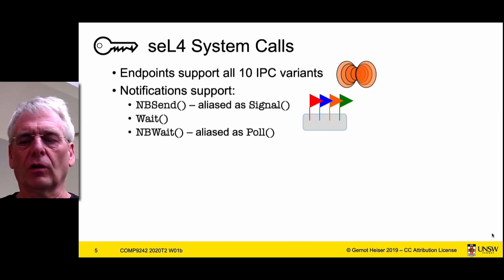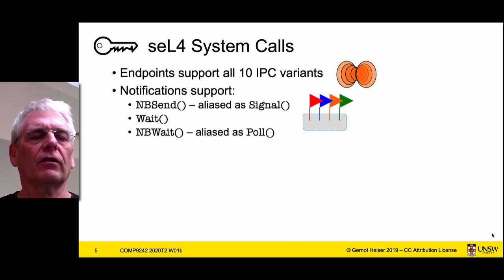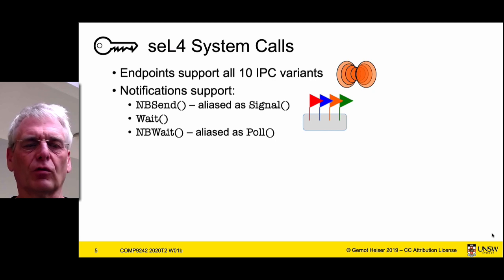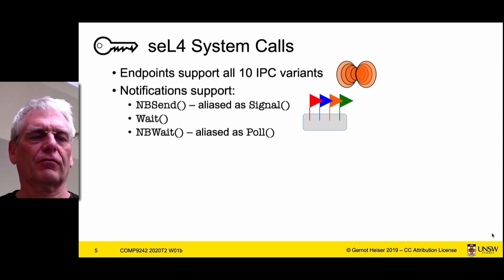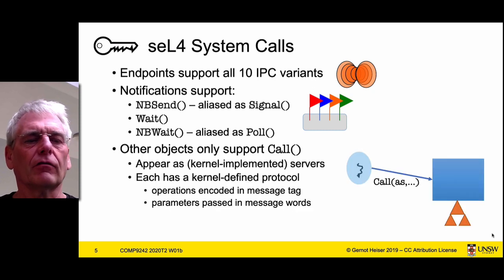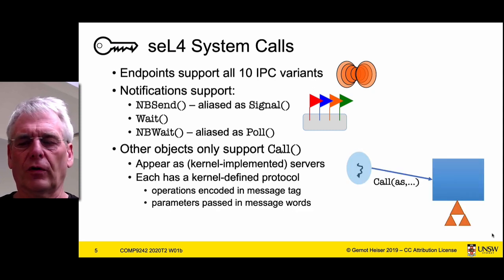Similarly, there's the normal semaphore-like wait, where you block until the semaphore is signaled. And then there's the non-blocking variant, which is aliased as poll. So the normal way to use it on notifications would be through the poll alias rather than the original MB wait. And then any other object types only support the call operation.